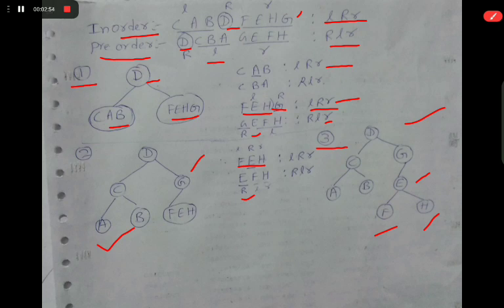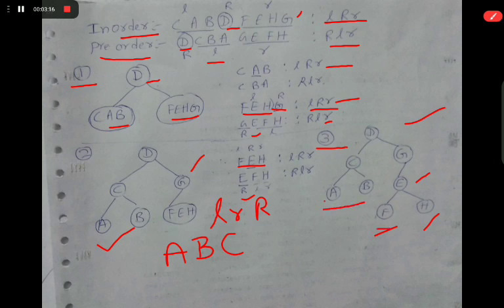Now we have to write it in the post order sequence. What is the post order sequence? In the post order sequence, left node, right node, and then last the root node will come. So A, B, C, starting from the left subtree.